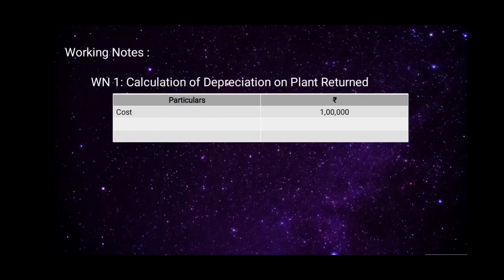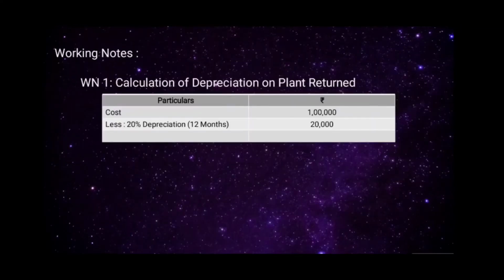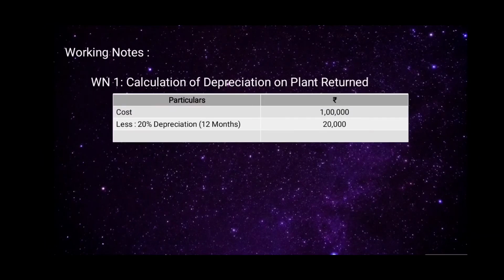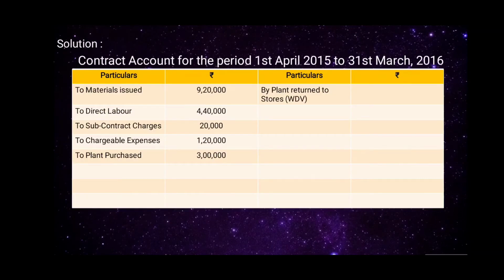So we'll record it: 1 lakh cost, less 20% depreciation for 12 months, that will be 20,000. So total amount will be 80,000. So we'll record it on the credit side. By plant return to stores, that is WDV method, 80,000.